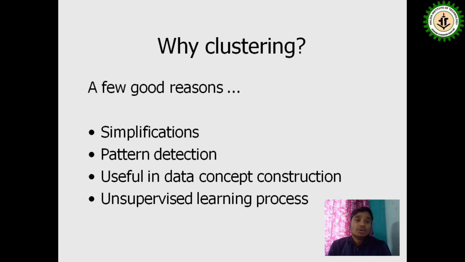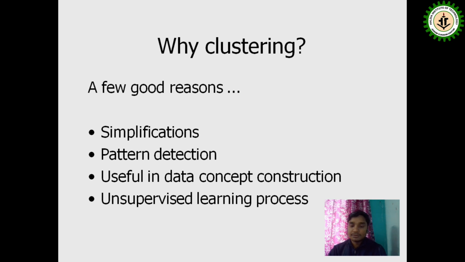There are various reasons: one is simplification, second is pattern detection, third is usefulness in data concept construction, and last is the unsupervised learning process. Simplification means when we separate similar types of data we can easily find them, and it also helps in pattern detection.